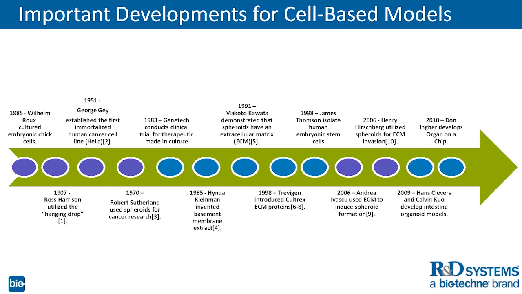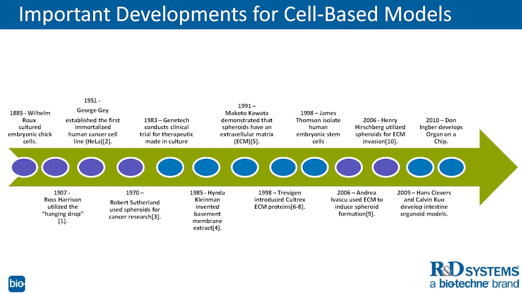In 1998, Trevigen introduced the Cultrex extracellular matrix proteins, thus beginning our journey into 3D culture and the development of assays related to extracellular matrix. Then in 2006, Andrea Vasquez used extracellular matrix proteins to induce spheroid formation for cells that were previously unable to form spheroids, demonstrating that exogenous extracellular matrix was sufficient to drive this process.